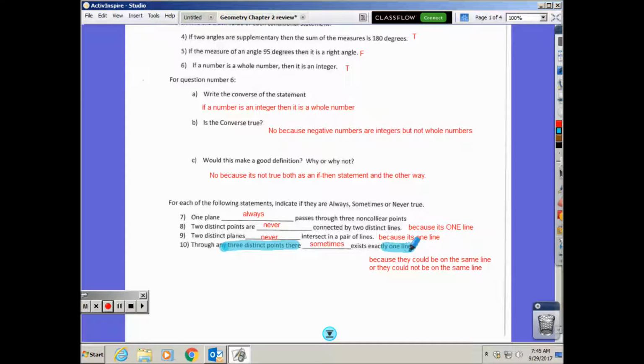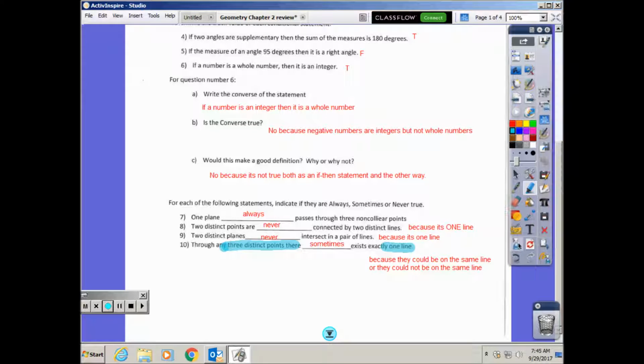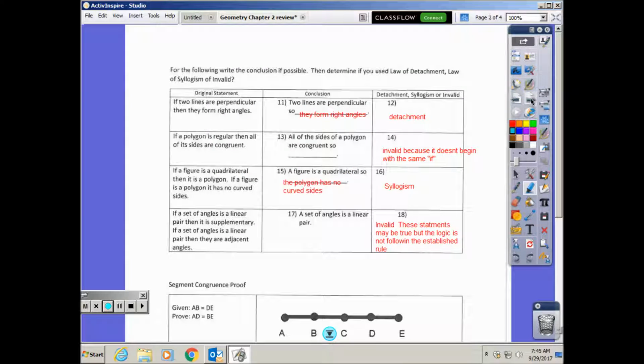If you get confused, another strategy is to say, well, for this one it was always true because the postulate paper agreed with it 100%. For these are never true because the postulate paper had something completely different. These are kind of in the middle, so you're going to go with sometimes. Could be true, could not be true.